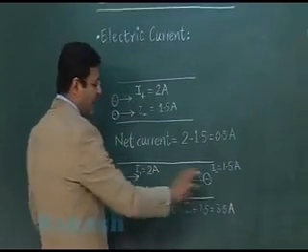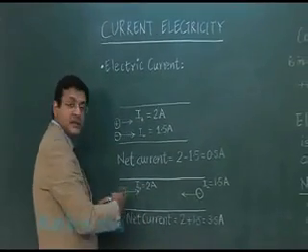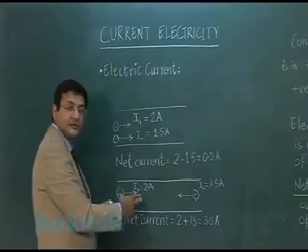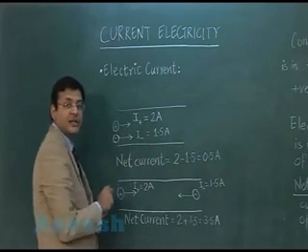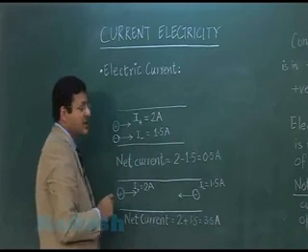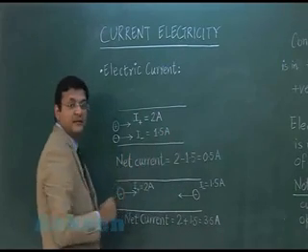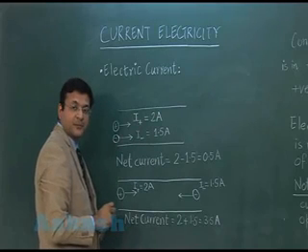And what will be the direction of net current? It is in the direction of positive current flow, that is left to right here. Here also, the direction of net current is in the direction of positive charge flow. If the value is 0.5, that means the net current is flowing in left to right direction.